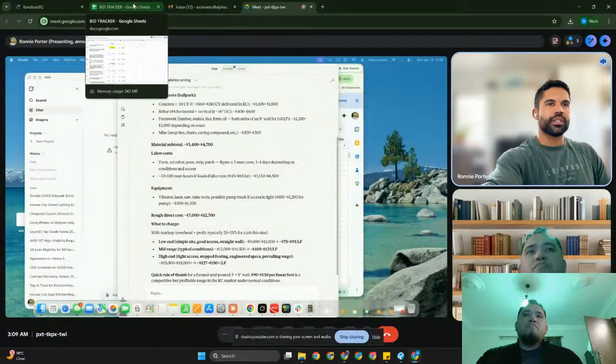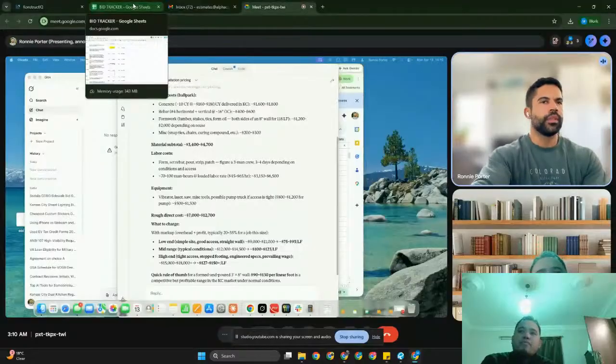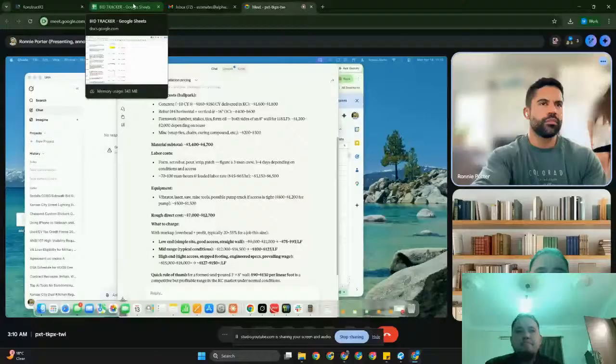This one's probably right. 16,000 square feet at $8. Seems high.